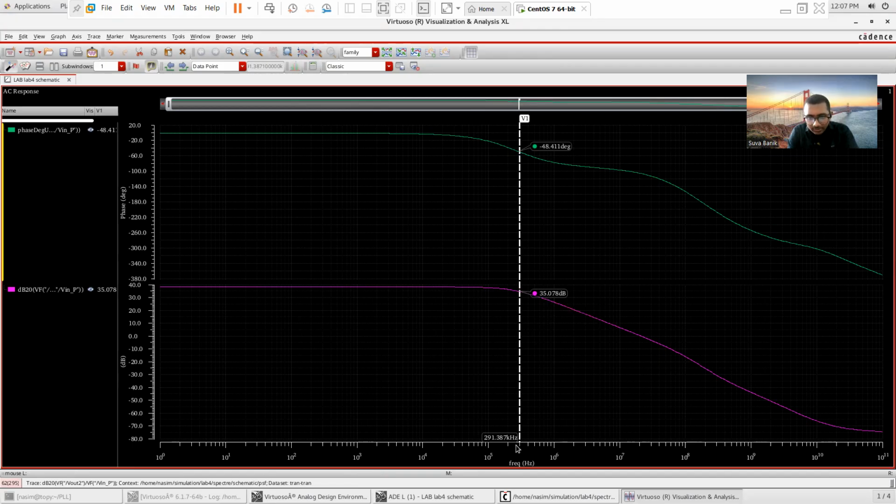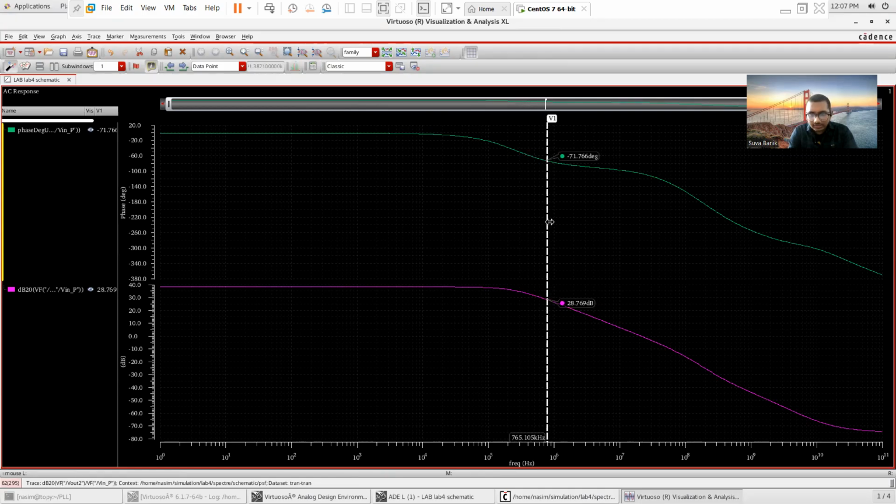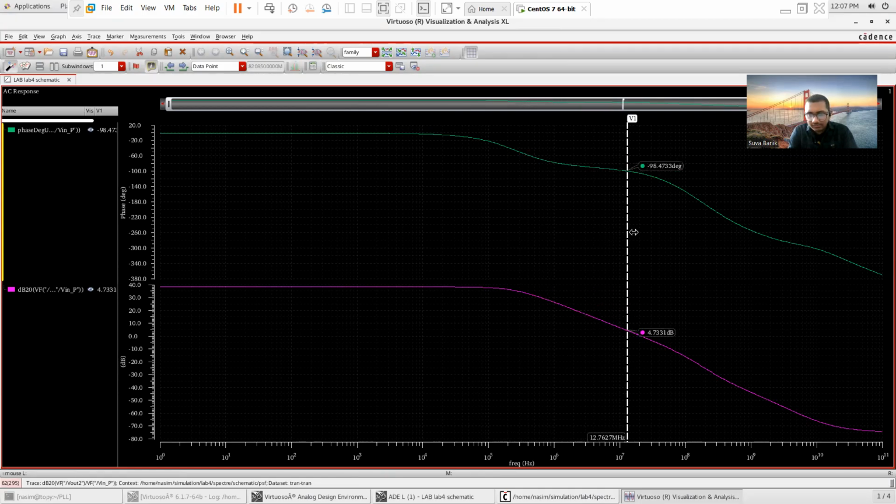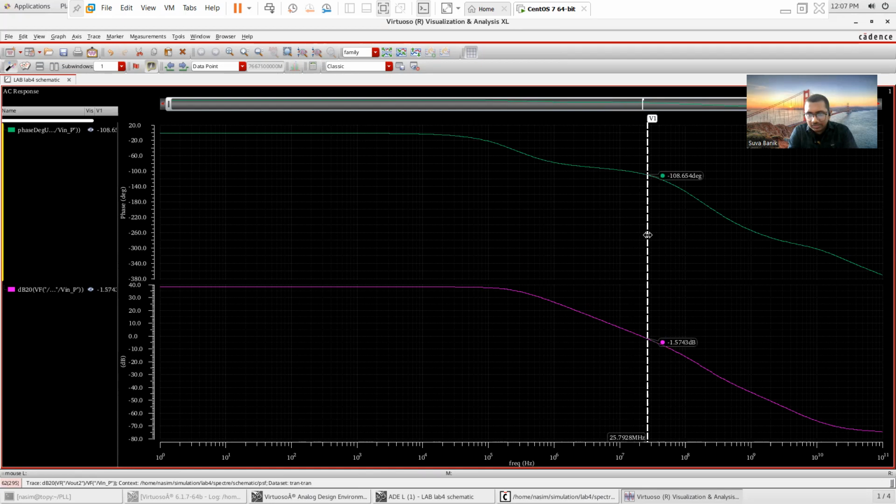At that time, the frequency was 290 kilohertz, and then its unity gain frequency. Unity gain frequency means where the gain is 1, meaning near 0 dB. I can find the near 0 dB point near 20 megahertz.